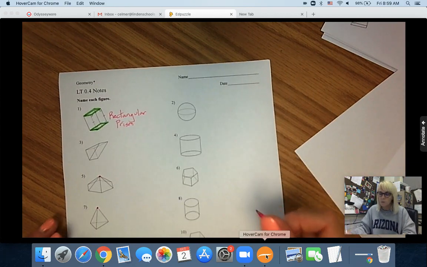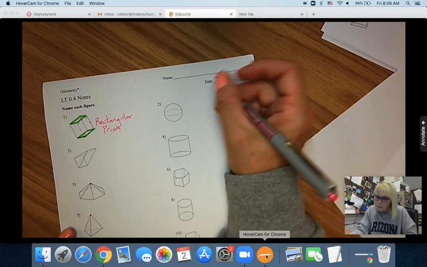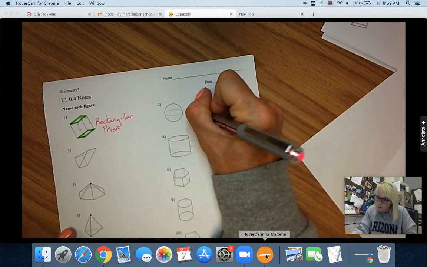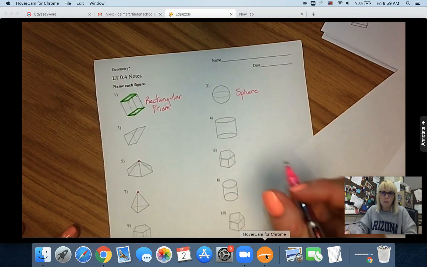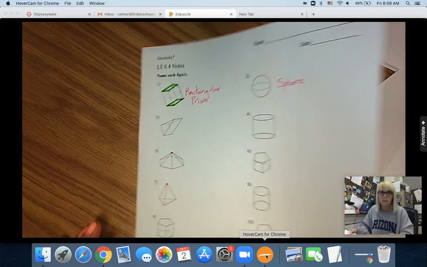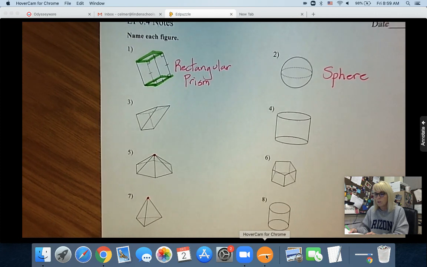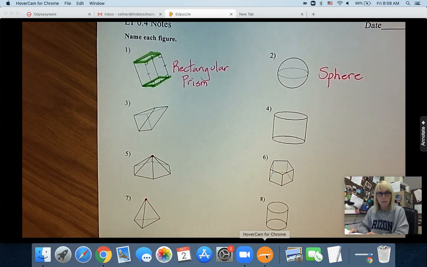Okay, number 2 is not a polyhedron. It is a non-polyhedron, and we call number 2 a sphere. Okay. Number 3 is also a prism. What I want you to do when I pause this video is look very closely at which shape I only have 2 of, because that is the base.